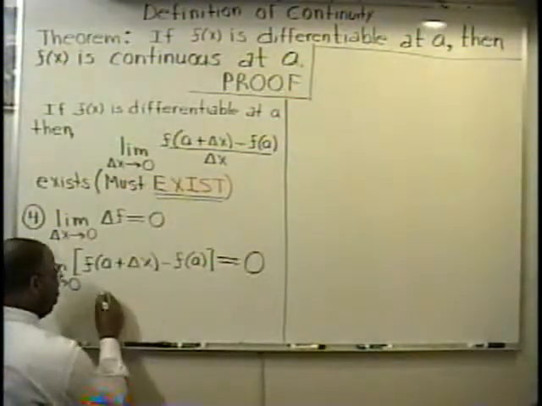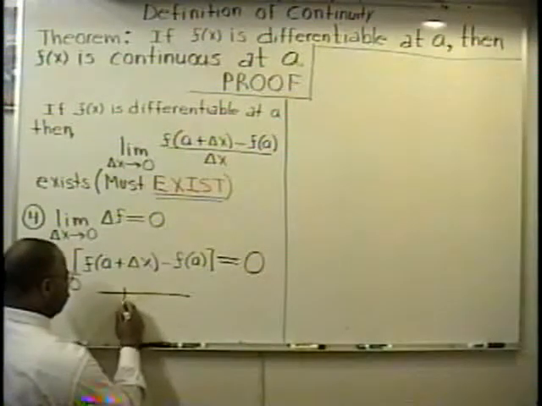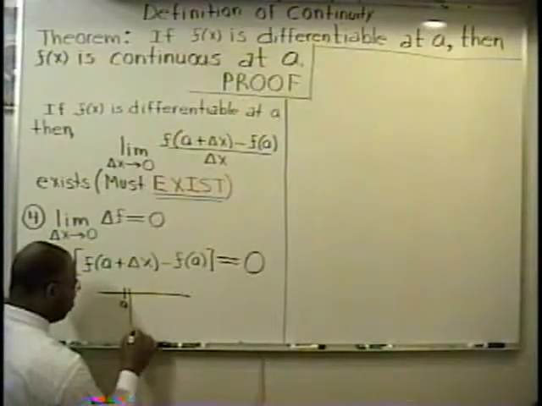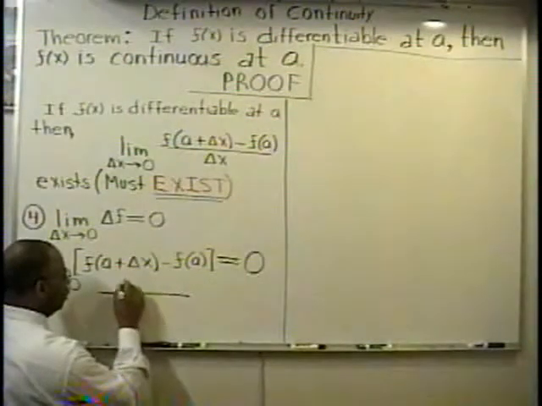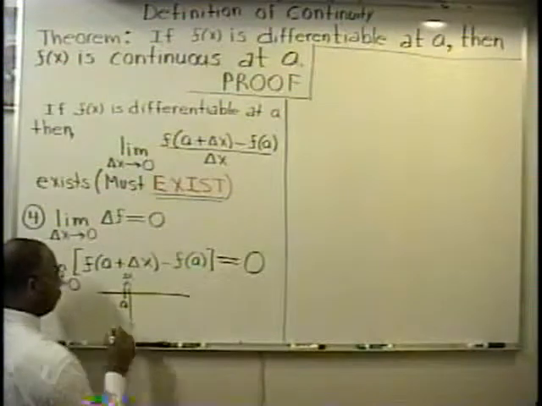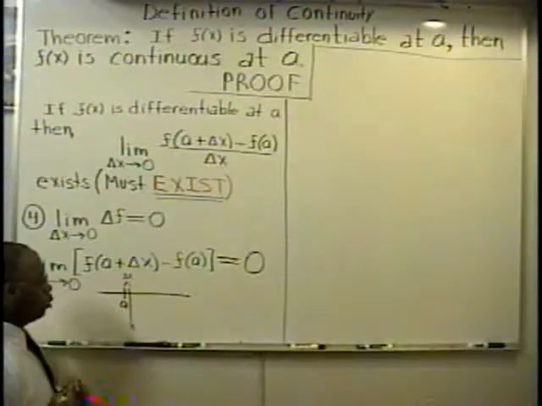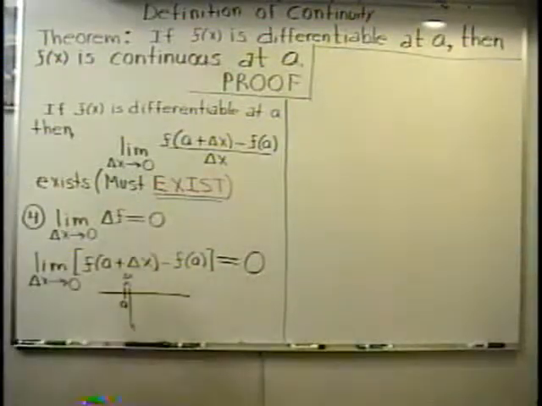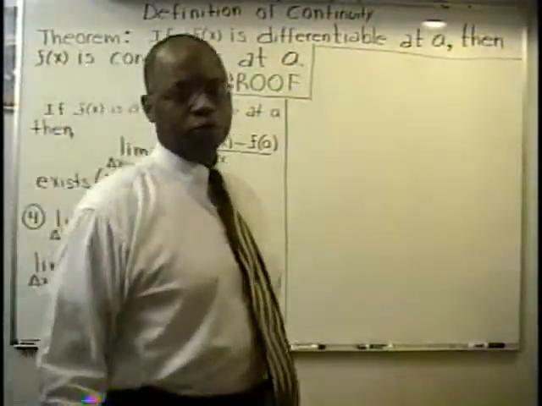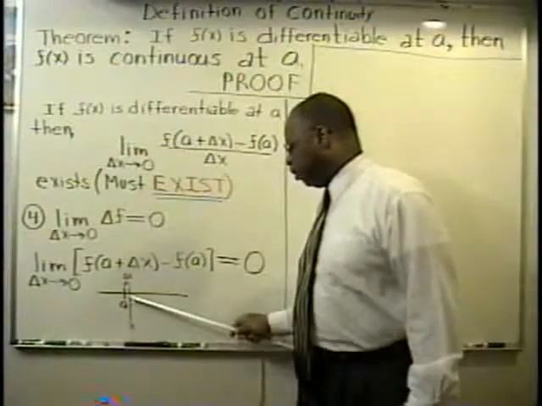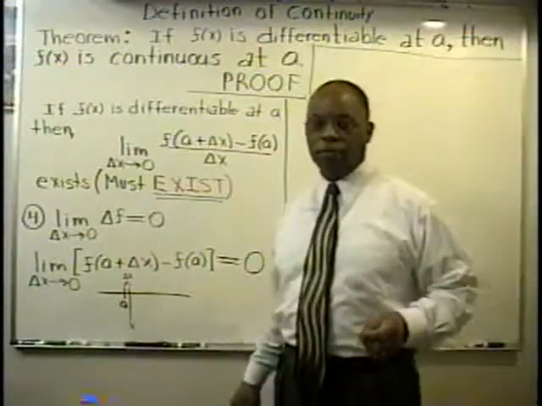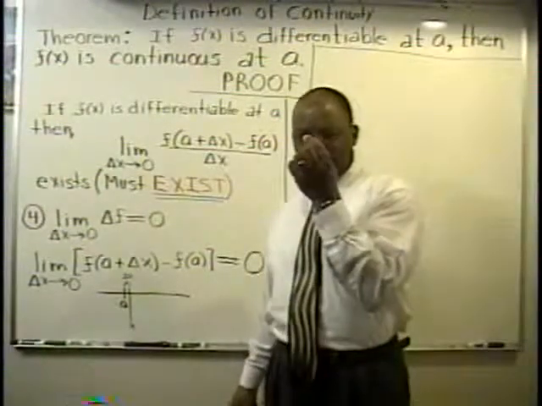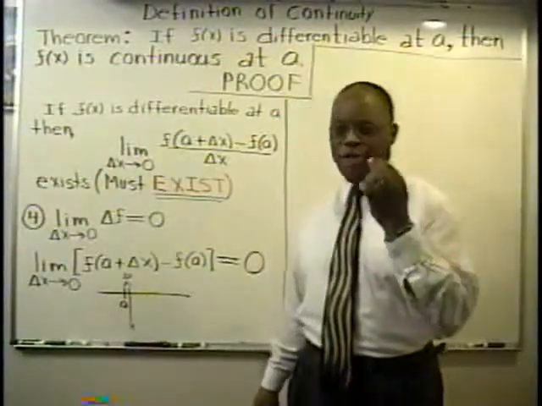So now revisiting our line segment, here's A. I'll make this a little smaller. Here's x. And here's delta x, our increment. So what this is saying is that as delta x is getting smaller and smaller, infinitely small, the distance between x and a is getting so small that you would need an electron microscope to see what distance remains between them.